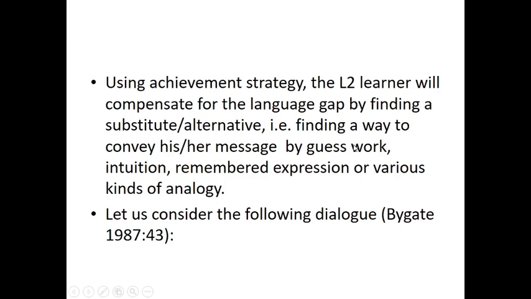Using achievement strategy, the second language learner will compensate for the language gap by finding a substitute, an alternative. That is, finding a way to convey the message by guesswork or intuition or remembered expression or various kinds of analogy.